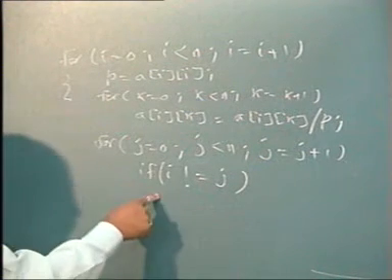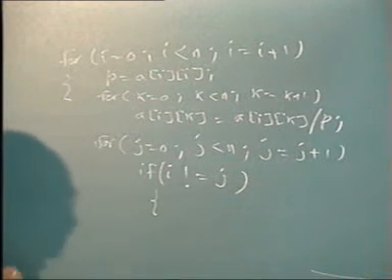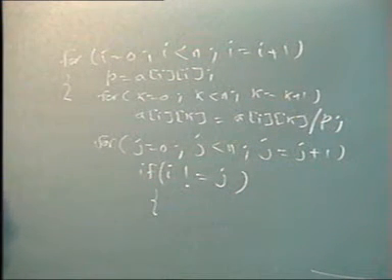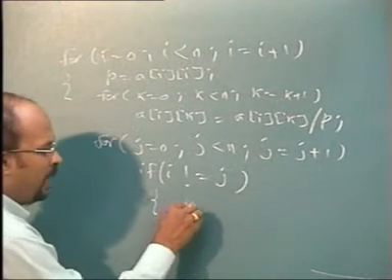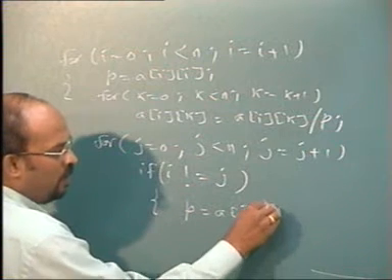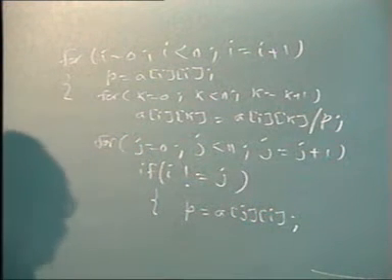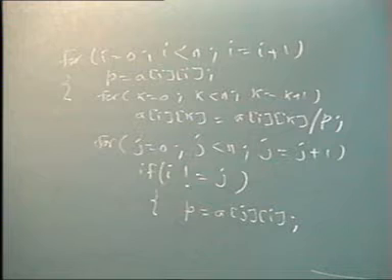I proceed to this and say that if i is not equal to j, then I will again find out the multiplier, which is going to be A of ji. This is the multiplier. And then from jth row subtract the ith row. That means from all the elements of jth row, that is n elements, I will have to subtract the corresponding elements from ith row.